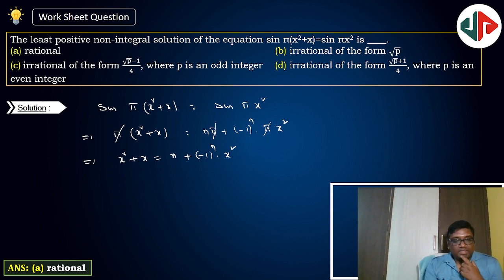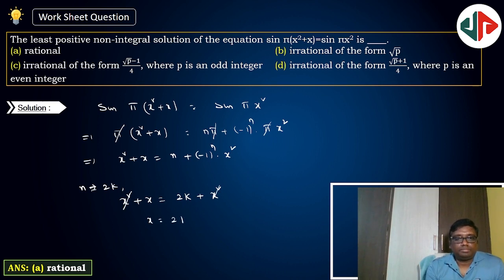This is where n value will exist. Now if you simplify, let us imagine n is an even number, n is equal to 2k. Then it becomes x square plus x is equal to 2k plus x square. So x square will be cancelled. x is equal to 2k.